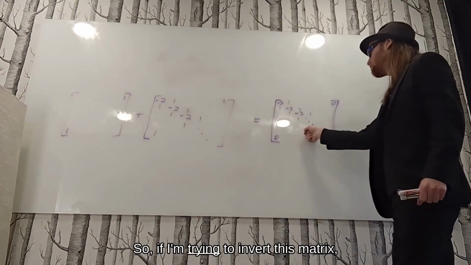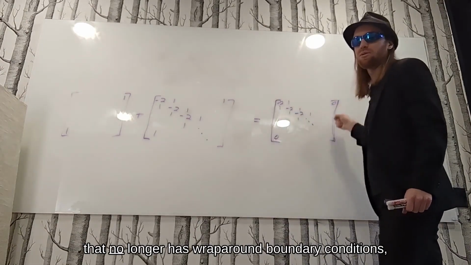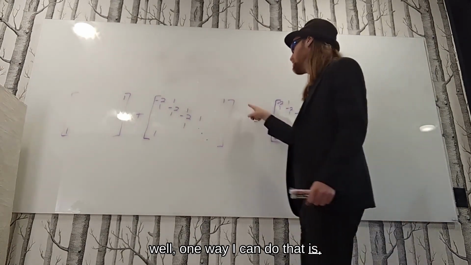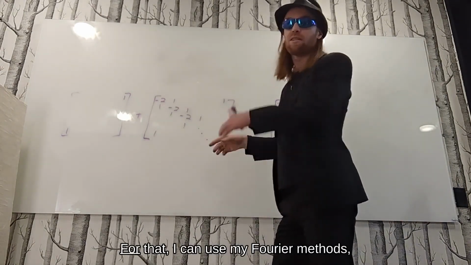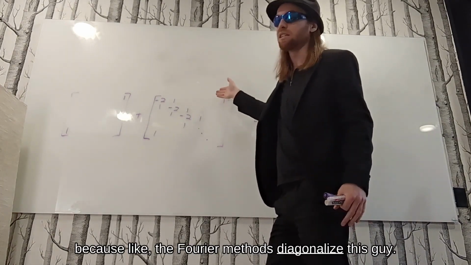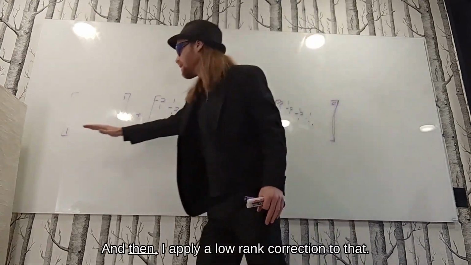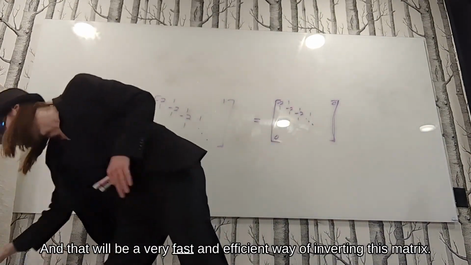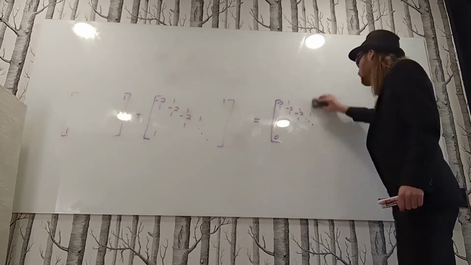So if I'm trying to invert this matrix that no longer has wraparound boundary conditions, one way I can do that is I can invert the matrix with wraparound boundary conditions. For that, I can use my Fourier methods, because Fourier methods diagonalize this guy. That's great. This guy is nice and easy to work with. And then I apply a low rank correction to that. And that will be a very fast and efficient way of inverting this matrix.